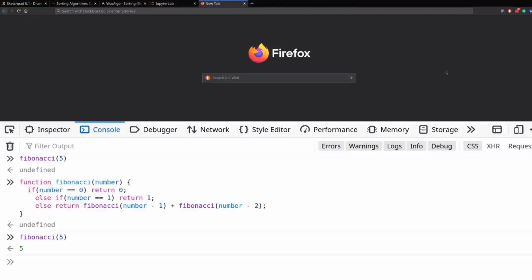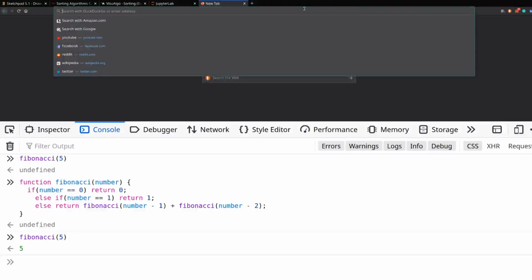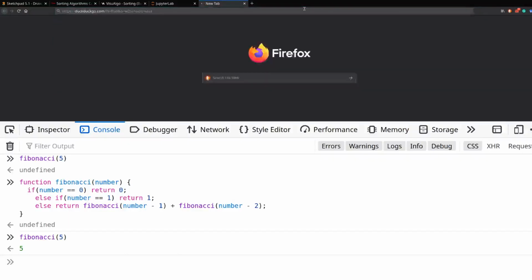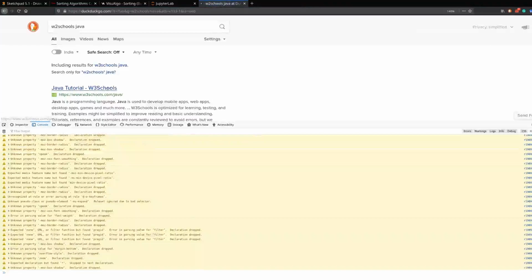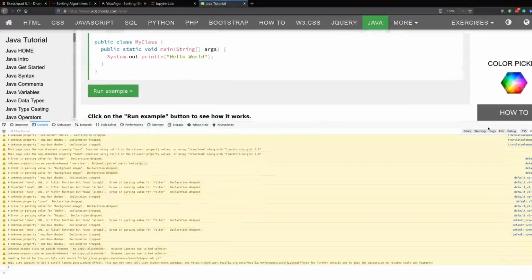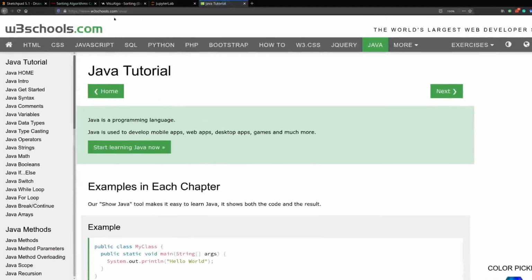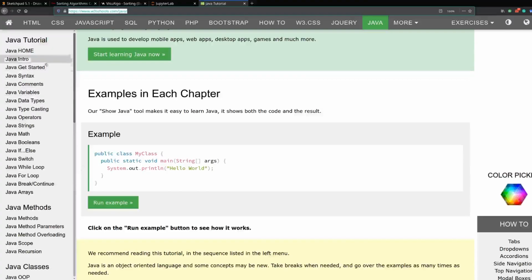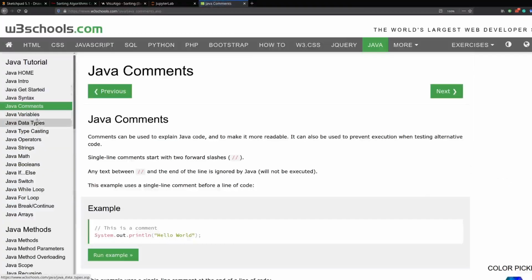C++ and Java. Java, okay. So, I'm pretty sure W3 Schools has a Java section. Yeah, so I learned some of my Java off of W3 Schools. If you look on the left, it has all these different things that you can learn, and you can just go through them whenever you have time.